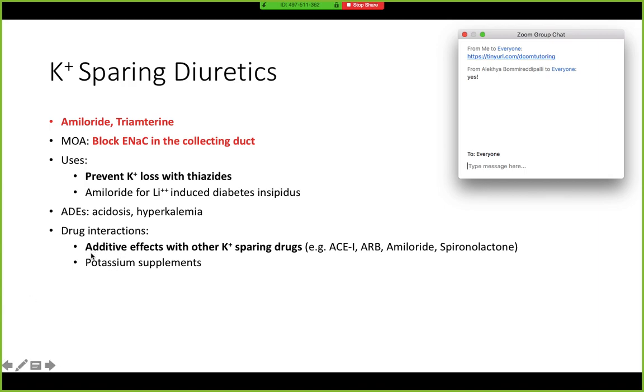Another important thing is that you don't want to use something like amiloride or triamterene with other potassium-sparing drugs. These would include things like your ACE inhibitors, your ARBs, and spironolactone. Or if somebody's taking potassium supplements, for example.